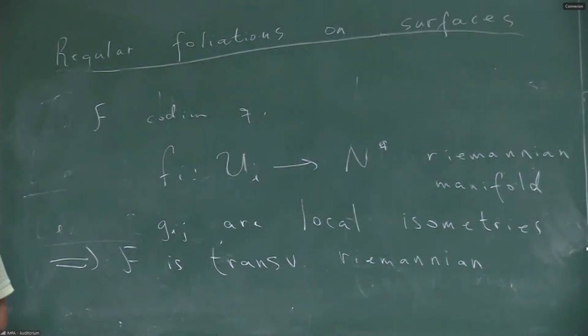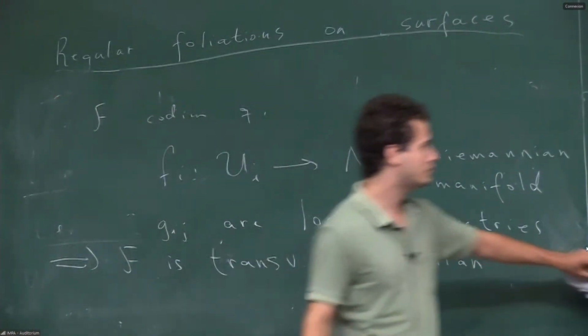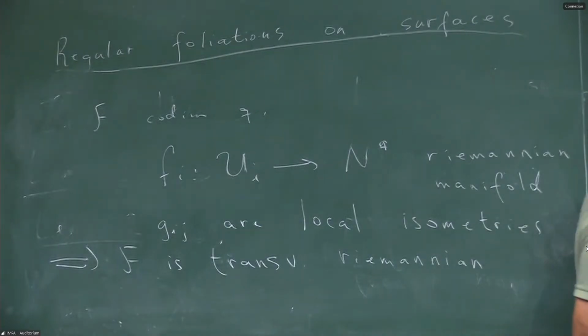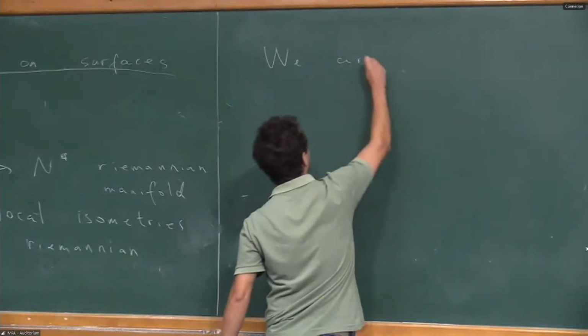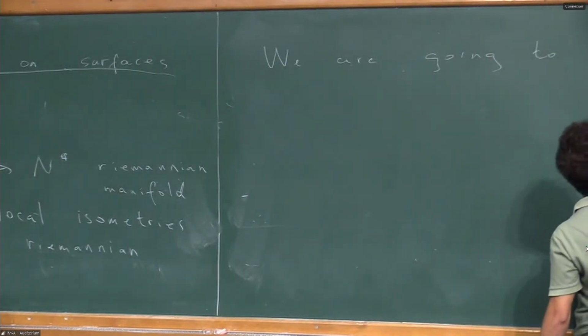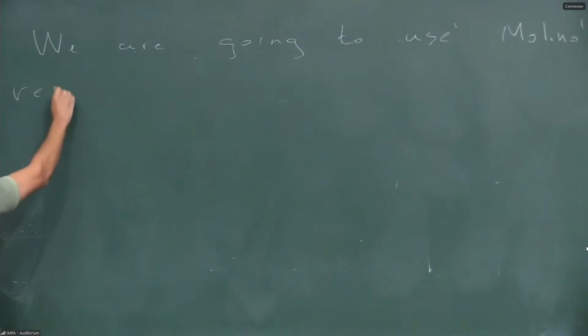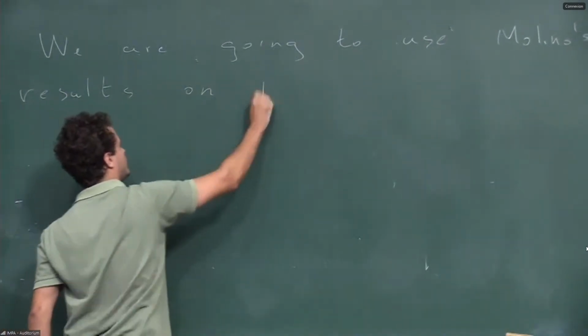There are a lot of studies on Riemannian foliations. There's a book by Molino called Riemannian Foliations, and we are going to use some of his results on this kind of foliations.